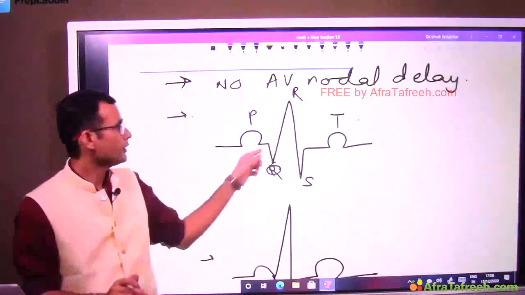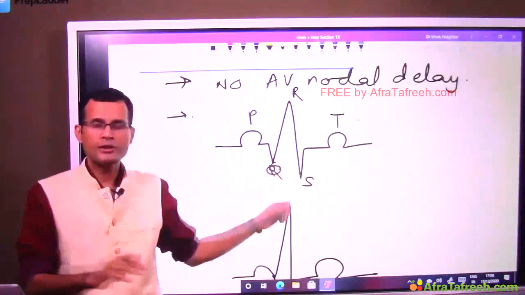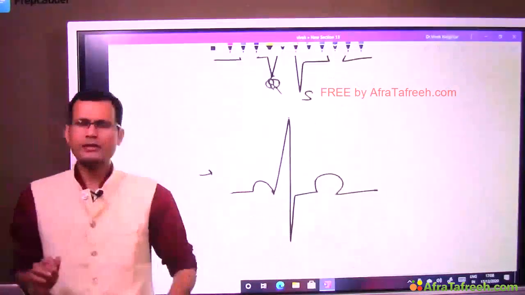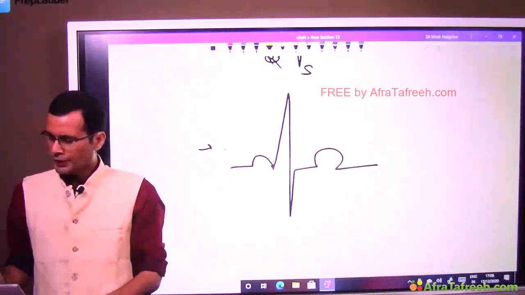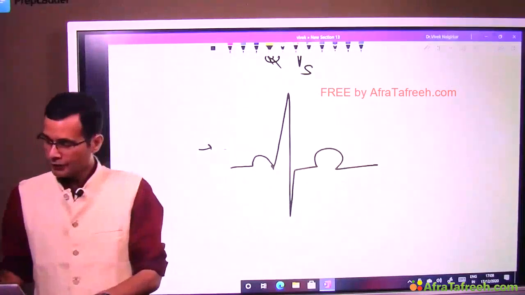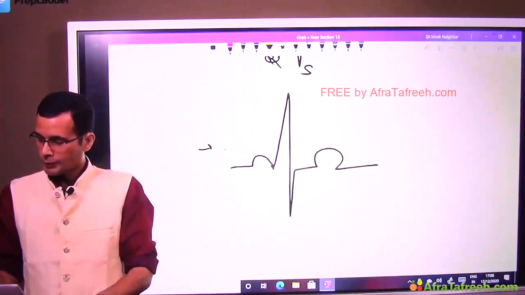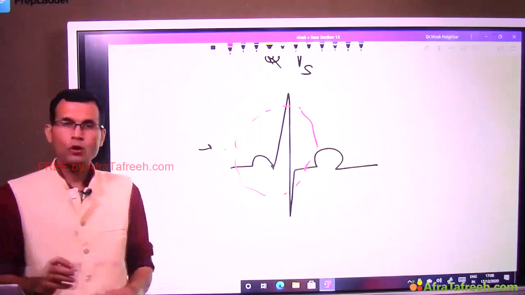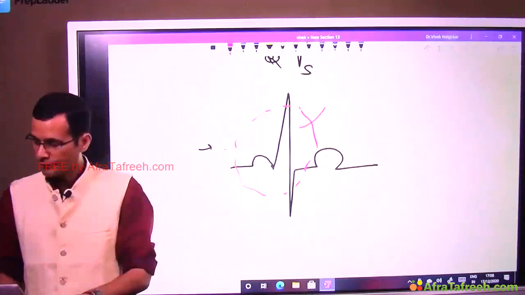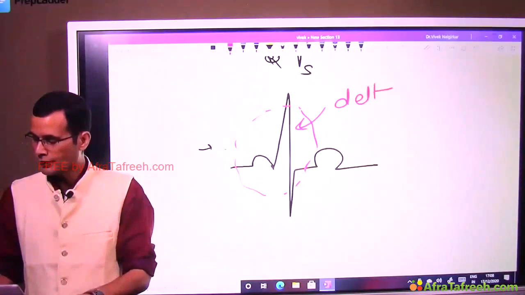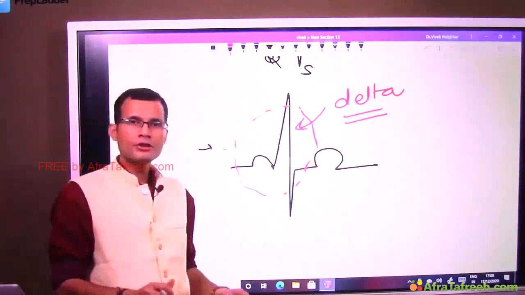You can see here the PR interval in a normal ECG. We will discuss it later in the ECG itself. And here there is no PR interval, giving rise to the so-called delta wave. Because of the appearance, it's called a delta wave on the ECG.